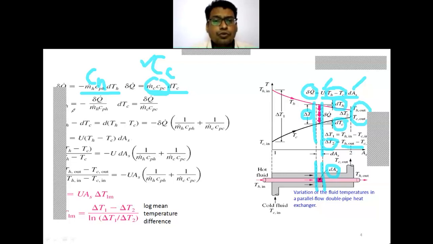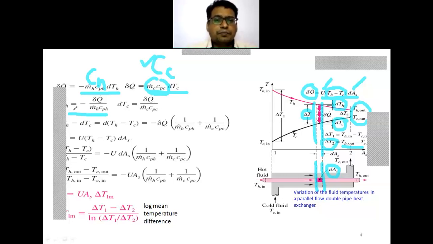Now dTh is equal to minus dq upon mh Cph, and dTc is dq upon mc Cpc.